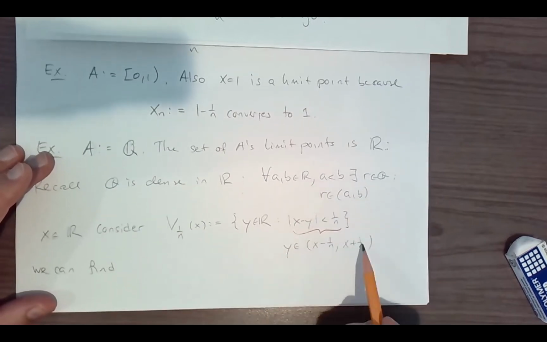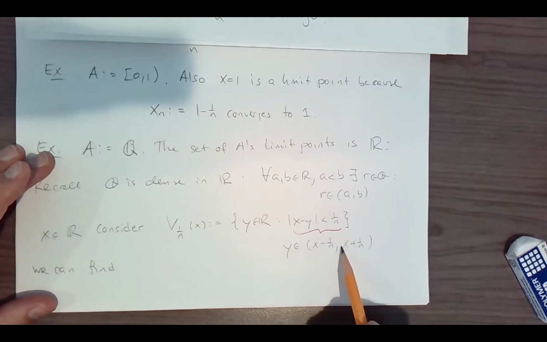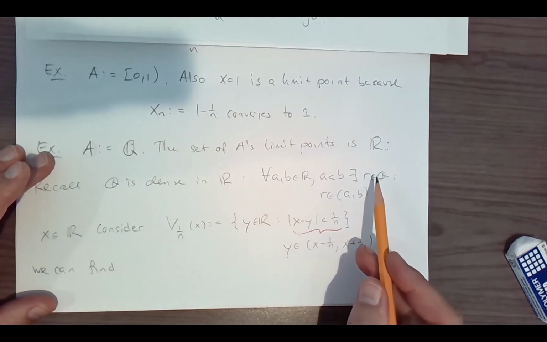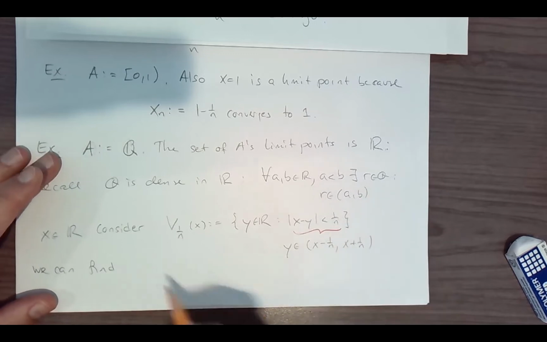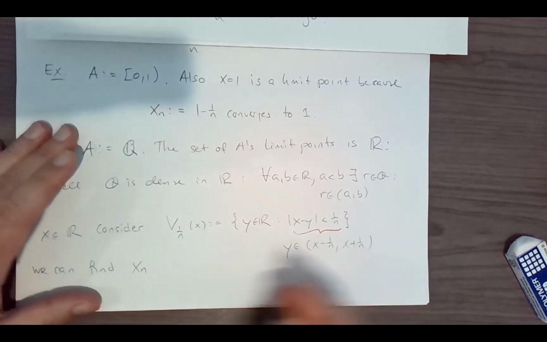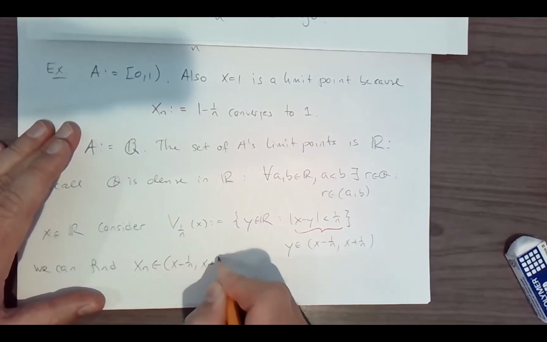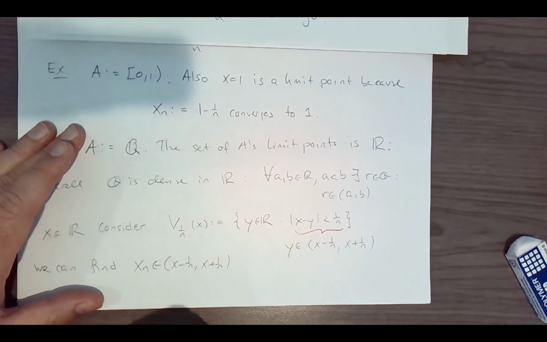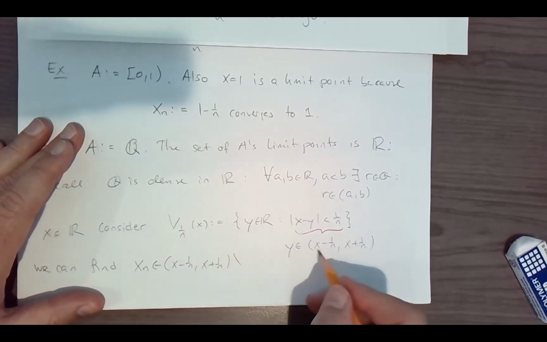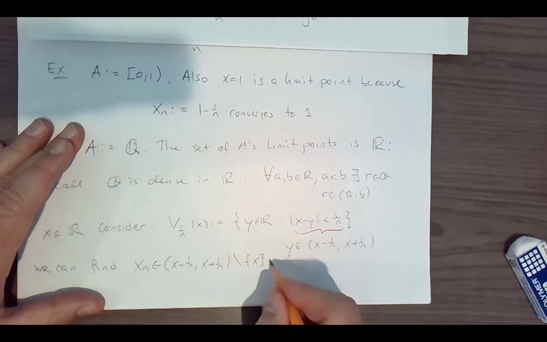Between any two real numbers, I can find rational numbers. So I can find a rational number that belongs to X minus 1 over n, X plus 1 over n, and of course I can find it different than X, and it's going to be in the rationals.